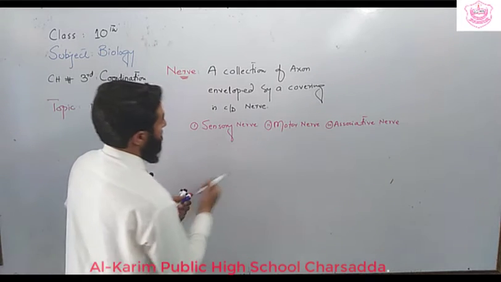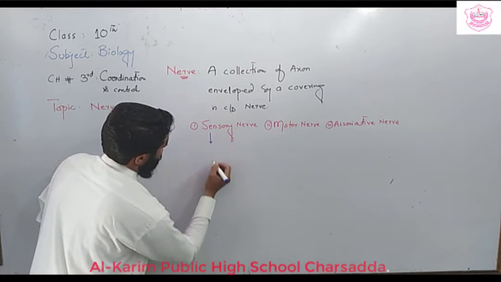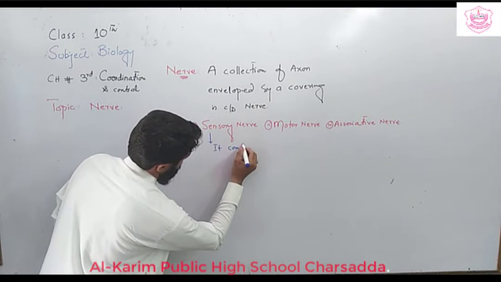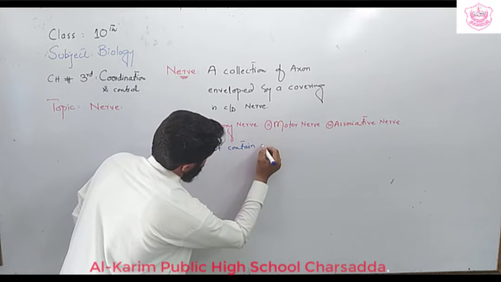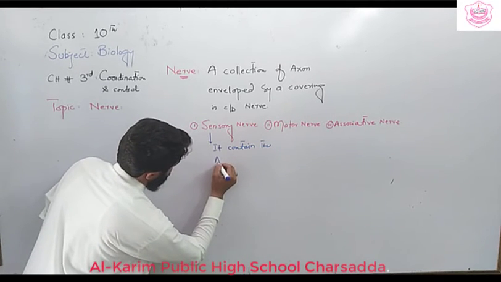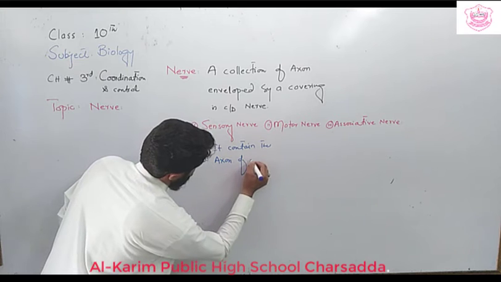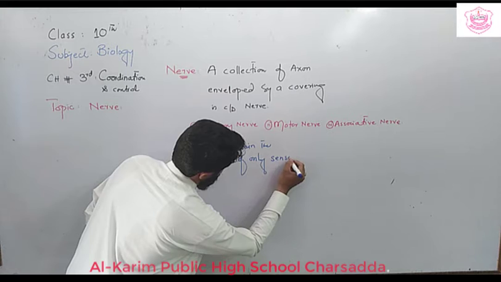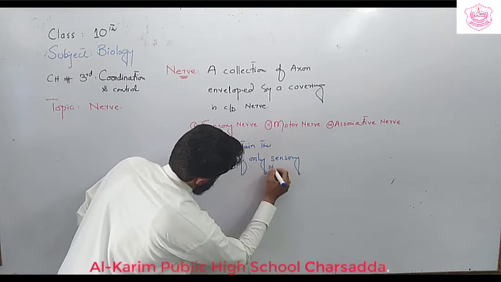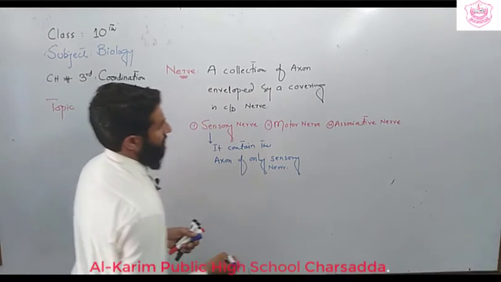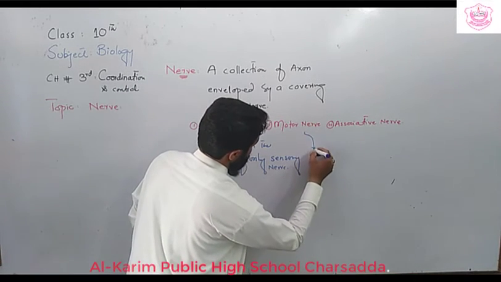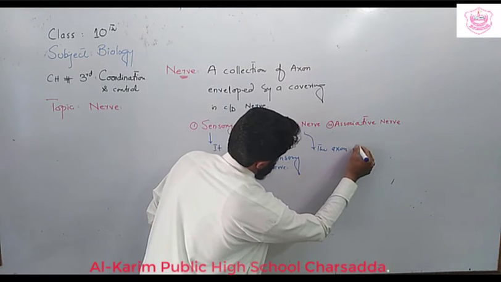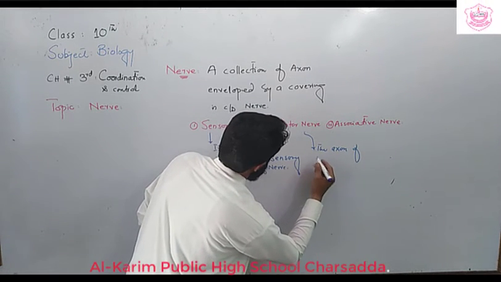Sensory nerve contains only the axons of sensory neurons. Motor nerve contains the axons of only motor neurons.